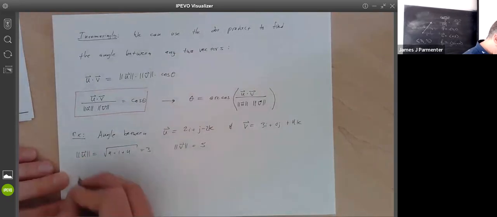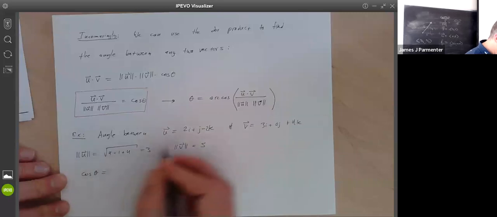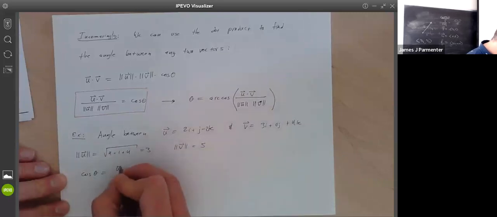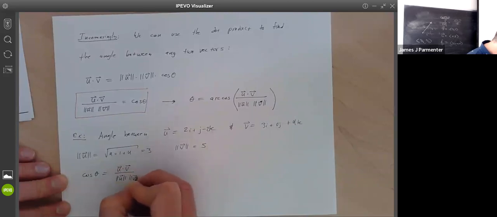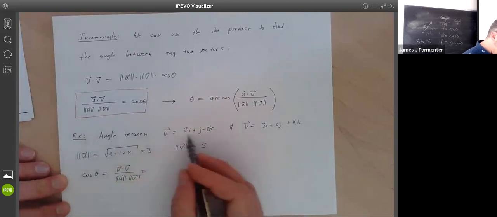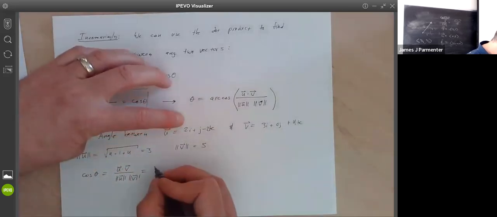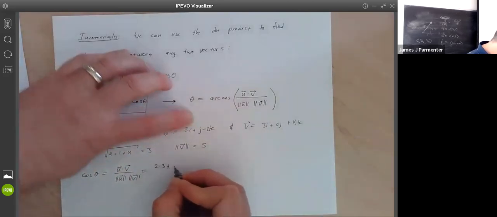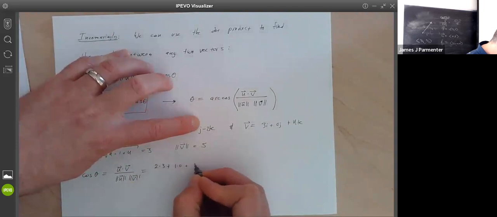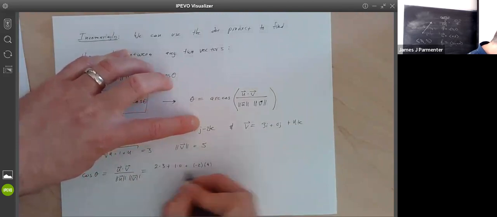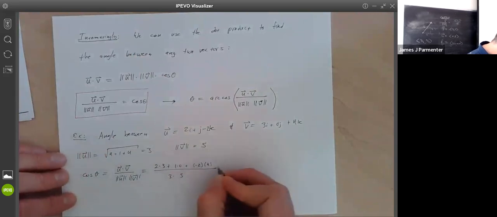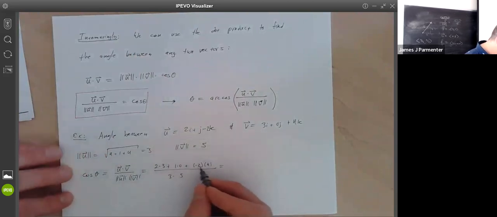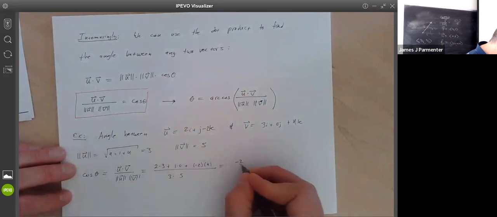And then we can say that cosine of theta is equal to u dot v over the magnitude of u times the magnitude of v, which is equal to, let's see, u dot v is going to be 2 times 3 plus 1 times 0 plus negative 2 times 4, all over 3 times 5, which is equal to 6 minus 8, which is negative 2 over 15.